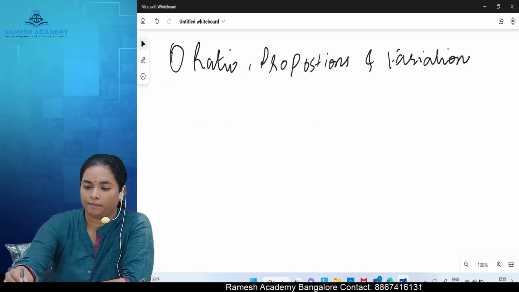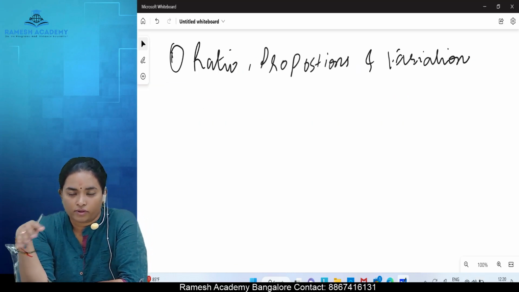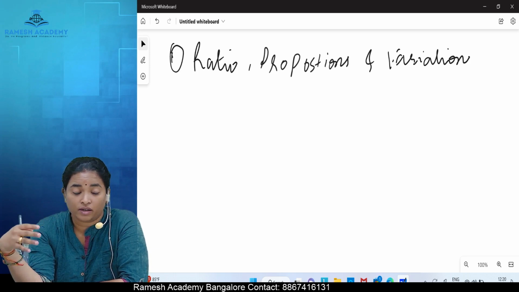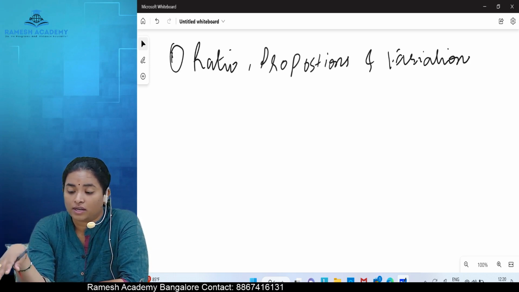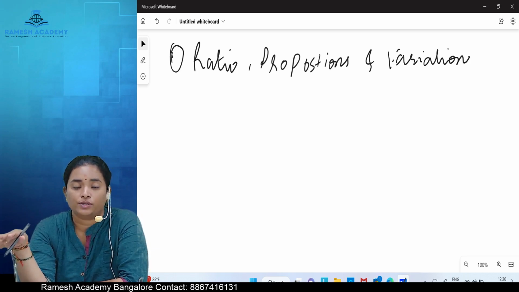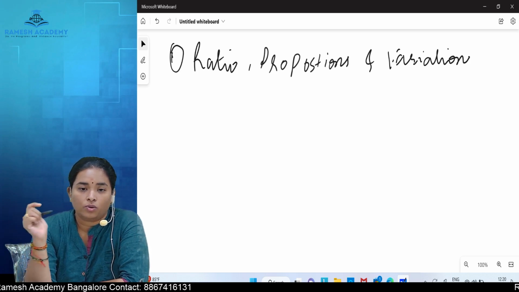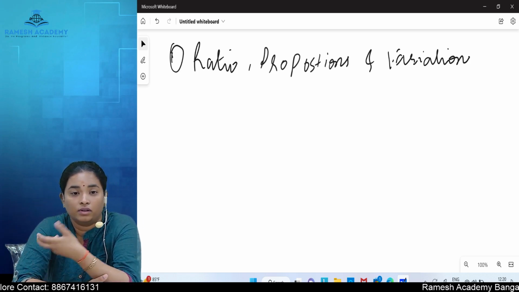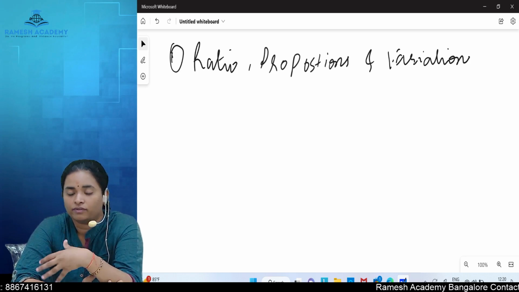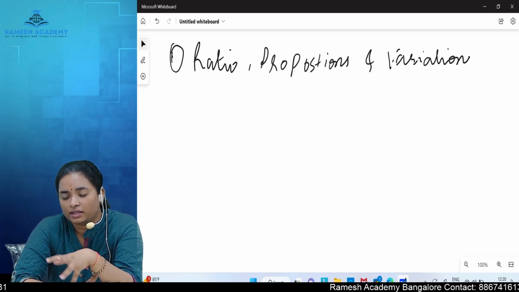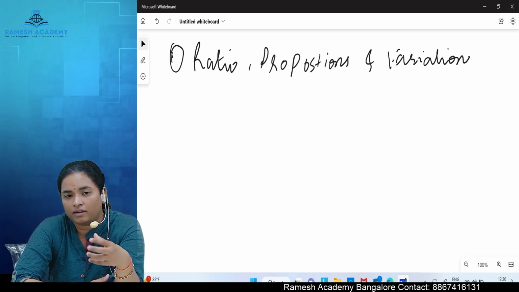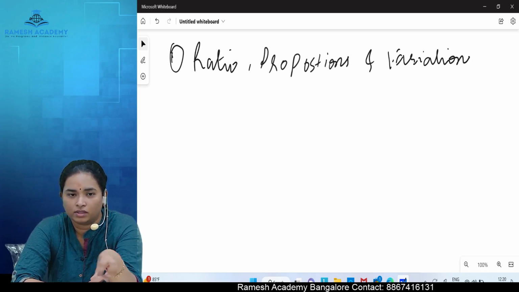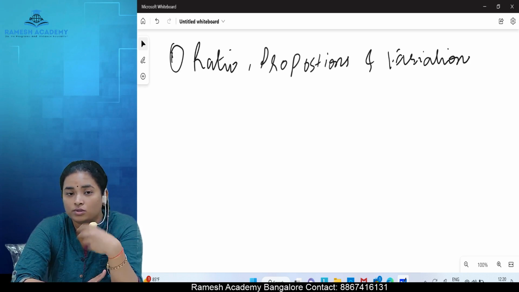Let's say this is the first. Assuming that you are beginners, I'm telling you about ratios. Where does this ratio concept come from? Normally when you are having food, the basic need of humans is to have food. In that you may have water and the solid food.